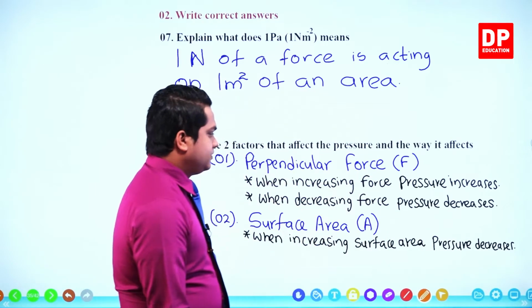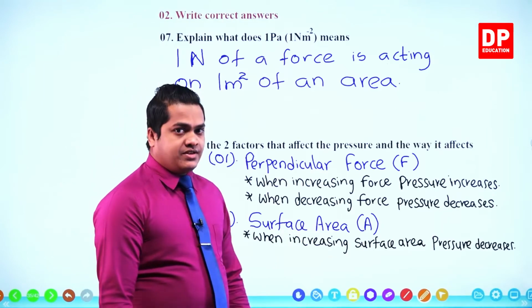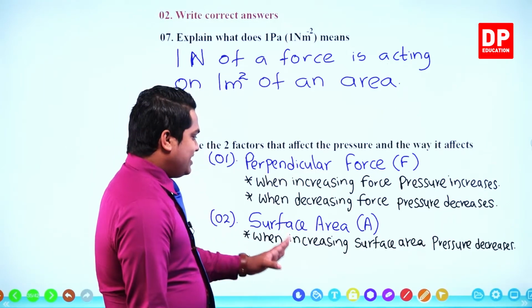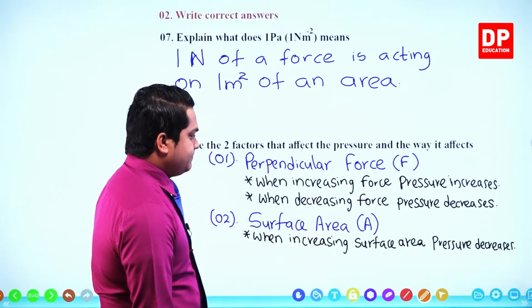Right? Pressure decreases as they are showing an opposite relationship. So when increasing surface area, pressure decreases.